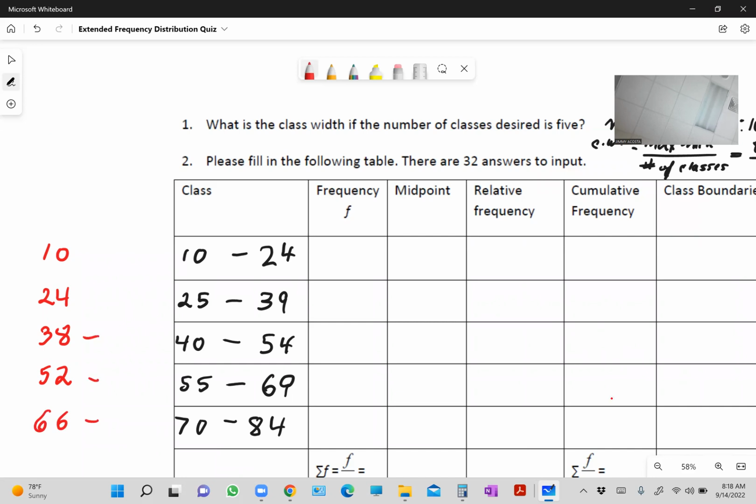And so now we have 23, we have 37, 51, 65, and what's 65 plus 14? Did we capture 80? That's why we always round up. Got it? You saw it? For those of you paying attention?